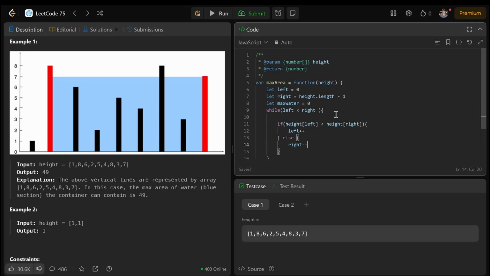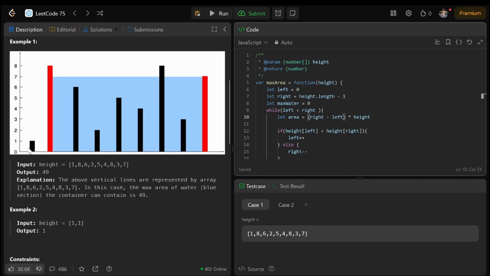Now that we've handled the pointers, we need to determine the area. Now, area is equal to width times height. Now, the width is going to be the right pointer minus the left pointer. So the right pointer is the index. We're talking about indexes. So the index of the last element is 8 minus 0.